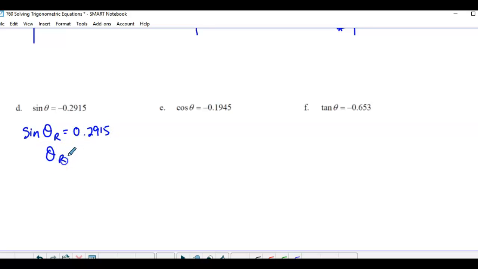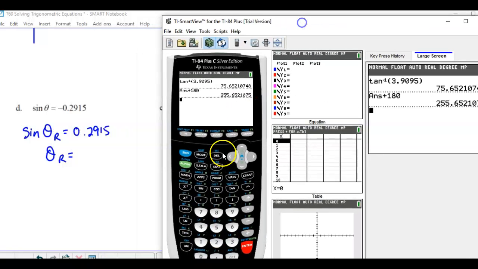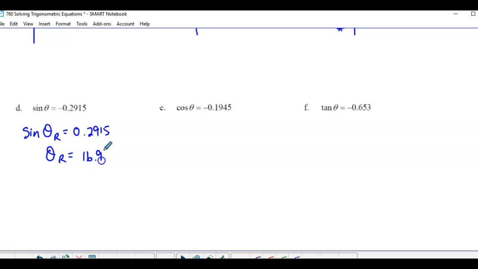So theta reference equals second sine 0.2915, and that's 16.9. So where is sine negative? In the third quadrant and the fourth quadrant. So this is not one of our answers.